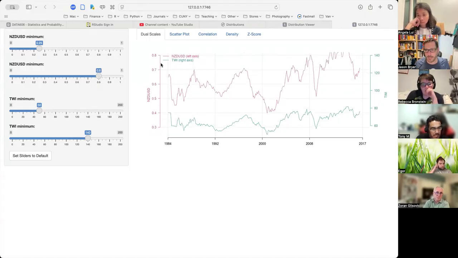So what we're looking at here is two lines, right? The green line represents the trade index volume between the United States and New Zealand up through 2017. The red line represents the New Zealand US dollar exchange rate. Okay.